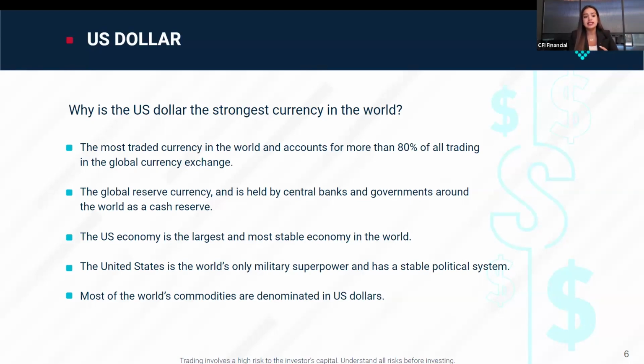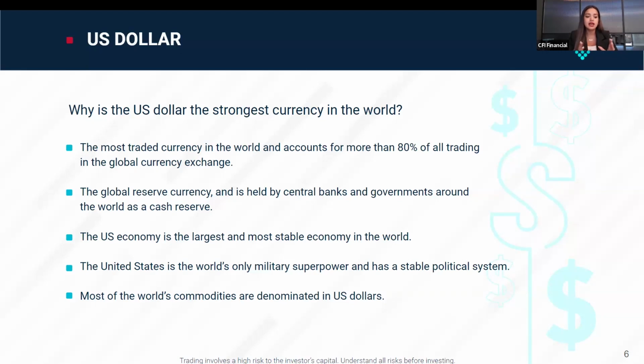And secondly, it is the global reserve currency, and it is held by central banks and governments around the world as a cash reserve. The US economy is the largest and the most stable economy in the world, and we all know that the United States is the world's only military superpower and has a stable political system.